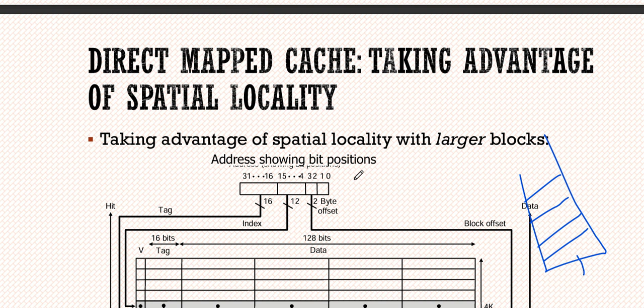Because it is 4 bytes, the first two bits are called the byte offset when we are trying to use an address to access it. So we don't usually use it.